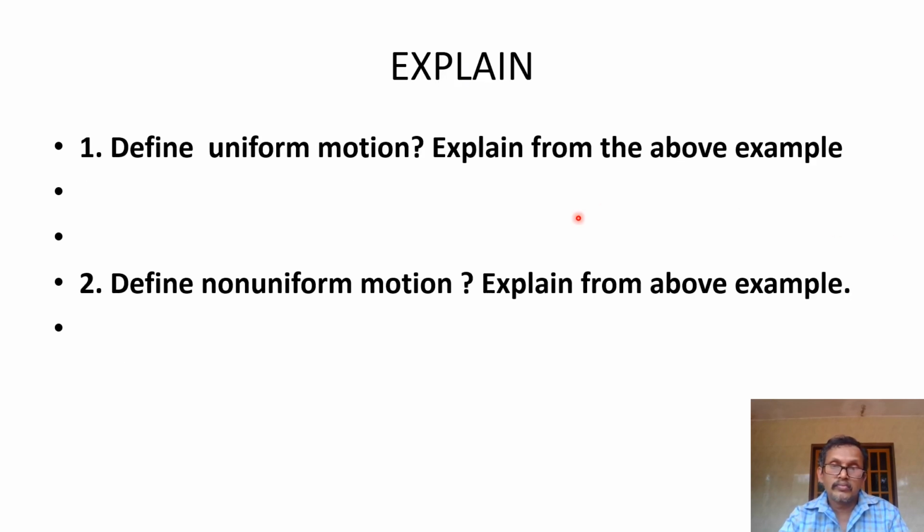Define uniform motion. What is uniform motion? Uniform motion means if an object travels or covers equal distances in the same intervals of time, then the body is said to be in uniform motion.